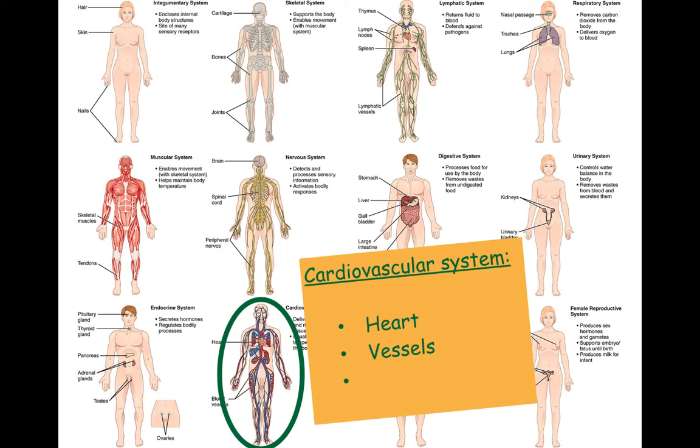This includes arteries, capillaries, and the veins. And of course, we need to have something that is pumped by the heart and transported within the vessels. And that is going to be the blood. And the blood is what we will be looking at this week. So let's get started.